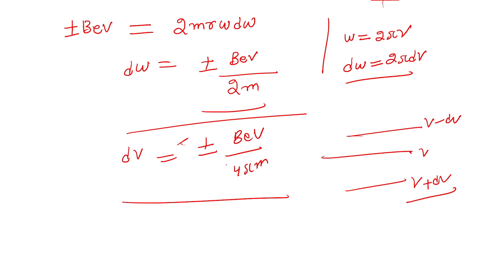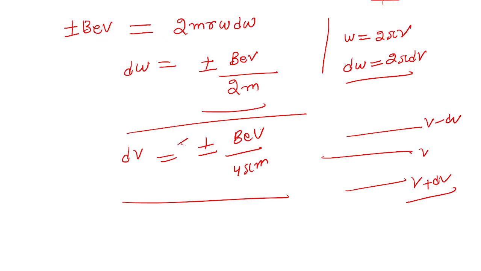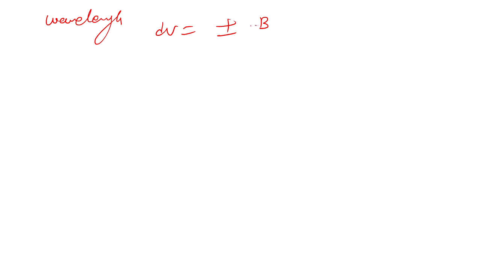Now change these terms into the form of wavelength. d nu is equal to plus or minus eB over 4 pi m. We have only e and B, because V cancels out.